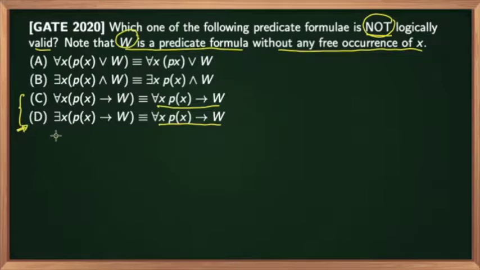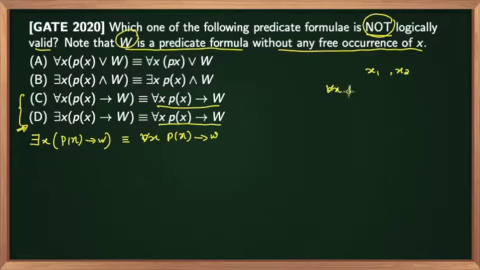So we have there exists an x, P of x implies W, and it's equal to for all x, P of x implies W. Okay, so let's take the domain has two values, maybe x1 and x2, and let's see what is for all x, P of x implies W, right?